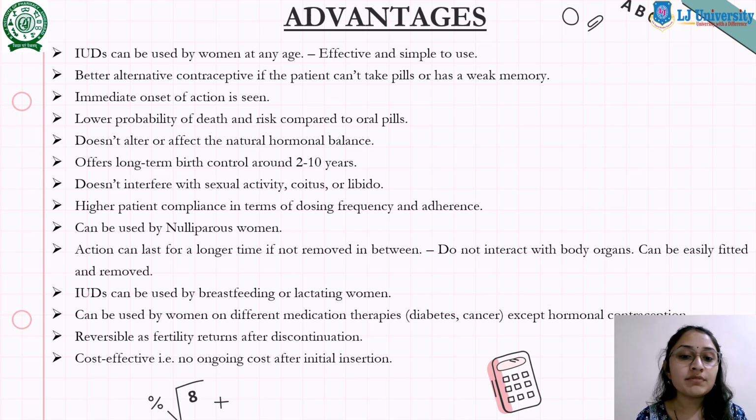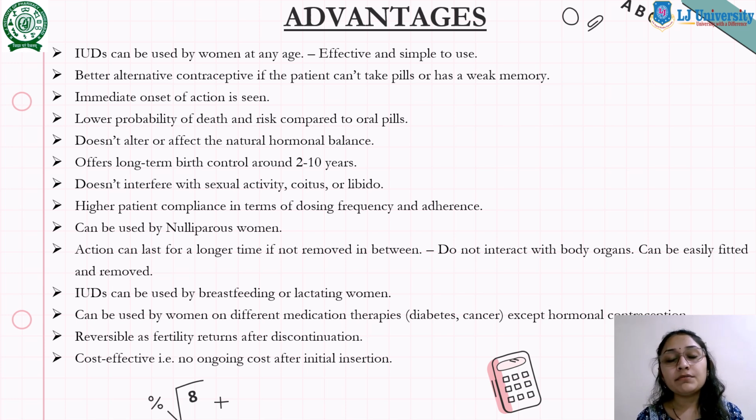It can also be used by breastfeeding or lactating women. Why? Because this type of intrauterine device has a longer onset of action, as well as a prolonged release of the anti-fertility agent. That's why it can be used by any age group of women.